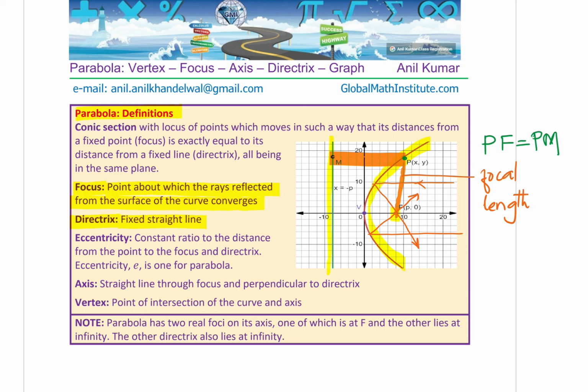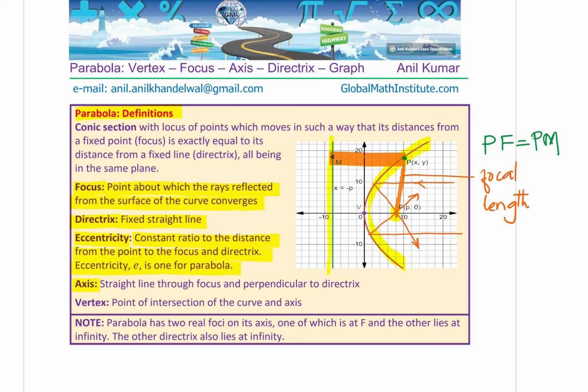This ratio is 1 for the parabola, and so the eccentricity is 1. Eccentricity is defined as the constant ratio of the distance from the point to the focus and directrix. Eccentricity e is 1 for a parabola.